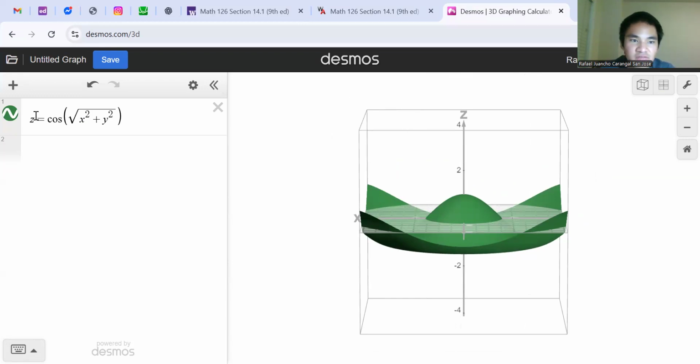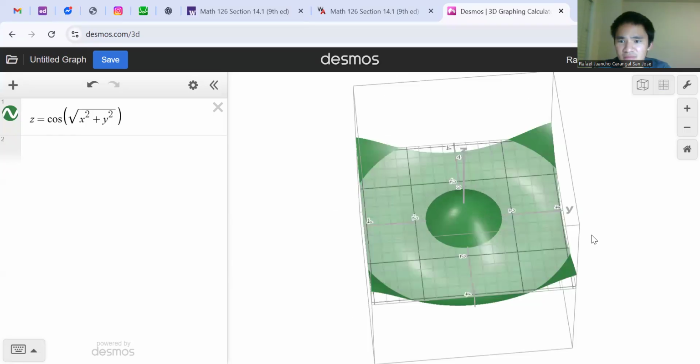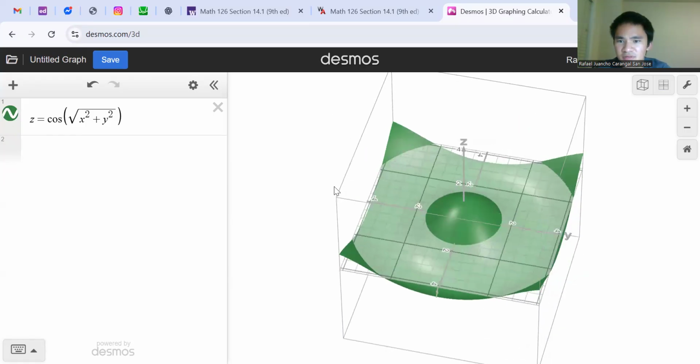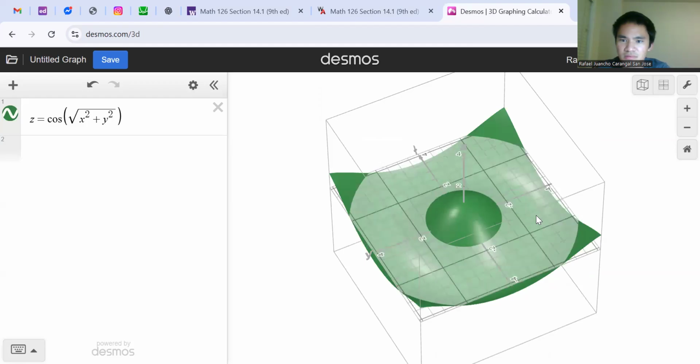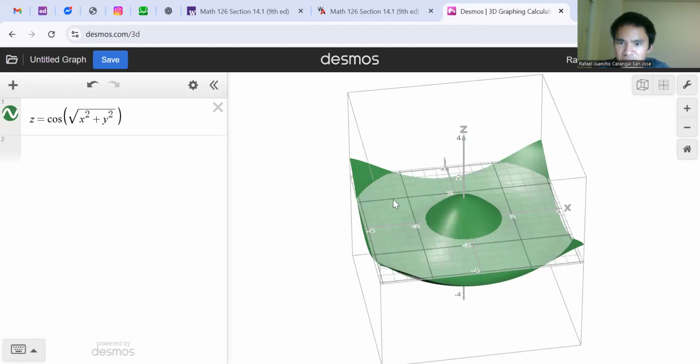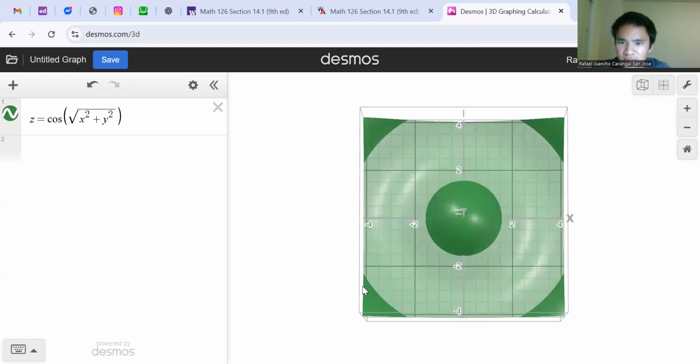And lastly, if I take out my z, I make that 0. What would I get? I look at my xy plane. If I make my z a 0, I could get the arc cosine of 0, which would equal the square root of x squared plus y squared.